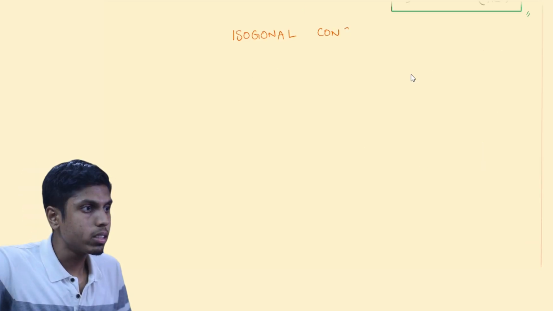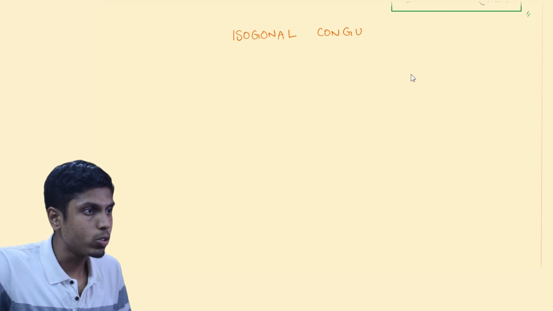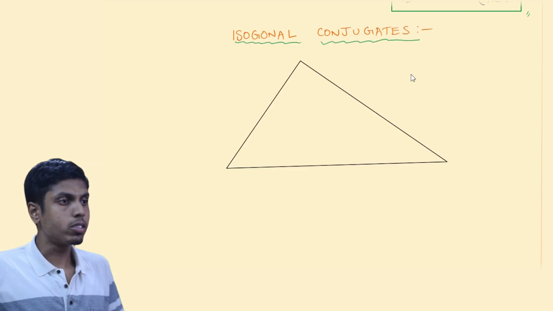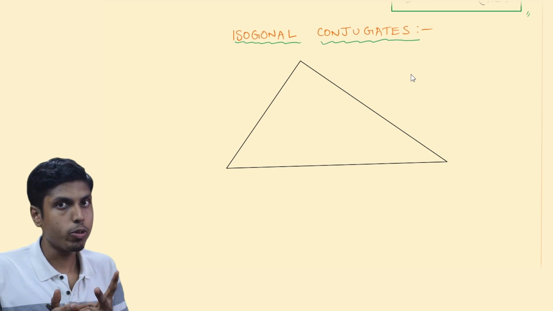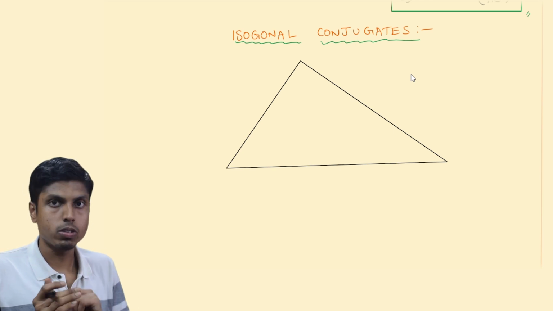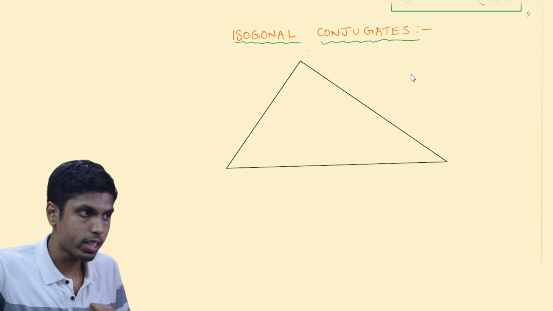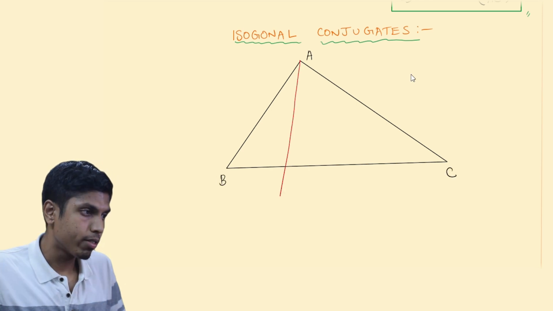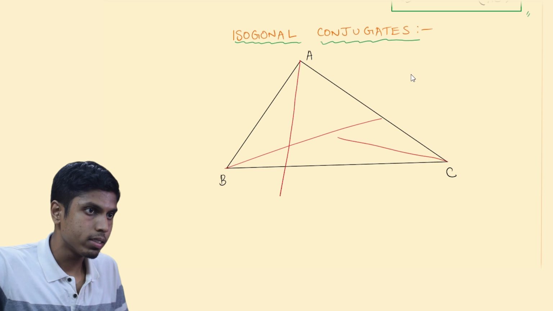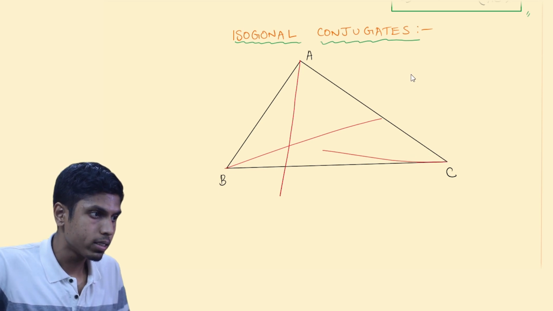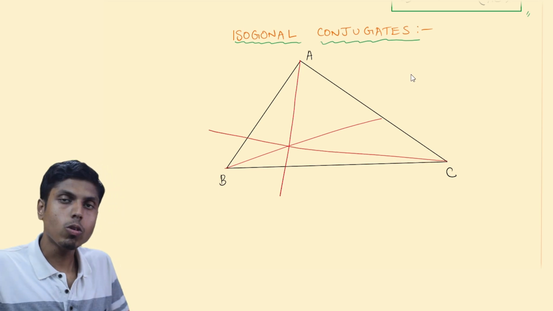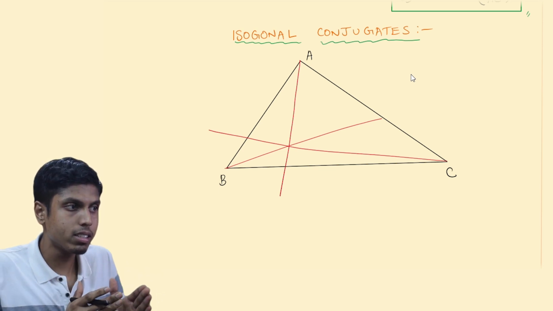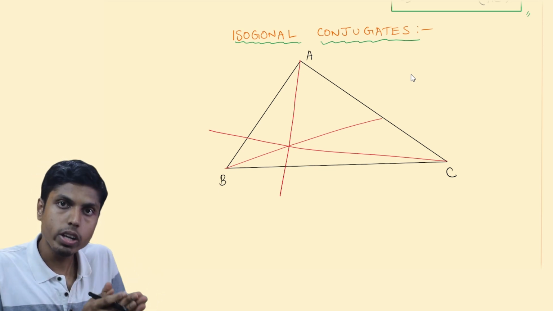Now, let us discuss isogonal conjugates. So this is going to be really simple. These isogonal conjugates are two points which are related by isogonal lines. So how are they related is what we are going to do now. Consider a line from A and from B and from C such that those three lines concur. Now, let us also consider isogonal lines of these lines from the corresponding vertex.